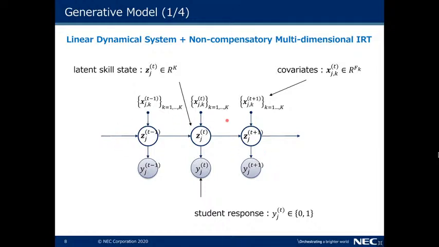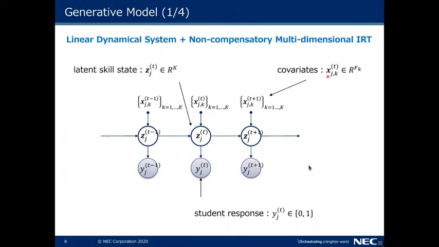Here is the graphical model of our generative model, which is a typical state space model. Here you can see the sequence of latent states. Z_jt represents learner j's latent skill at time step t, which is a k-dimensional continuous vector. The k is the number of skills. And Y_jt represents the learner's response, learner j's response at time step t, which is 0 or 1, representing incorrect or correct.